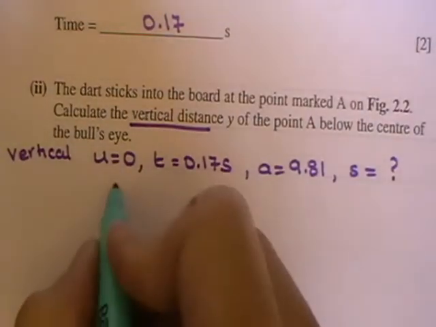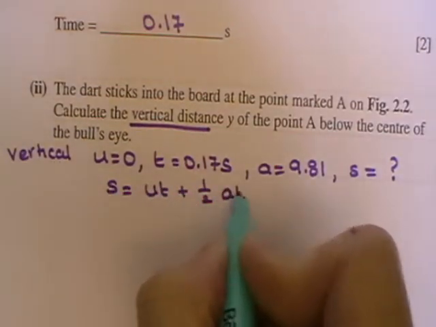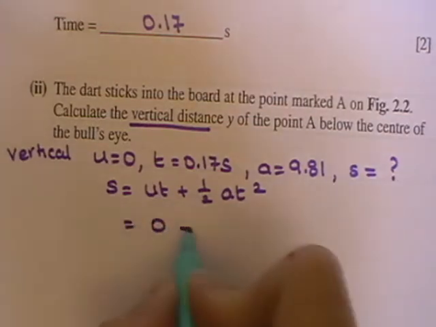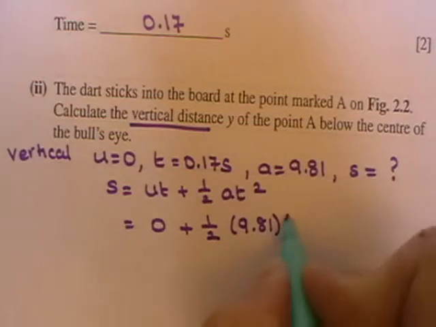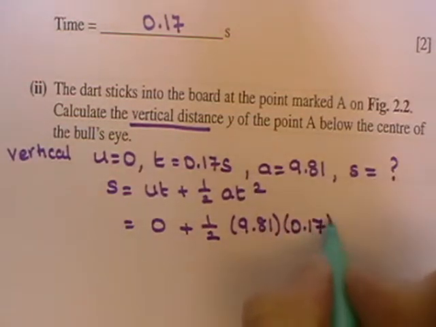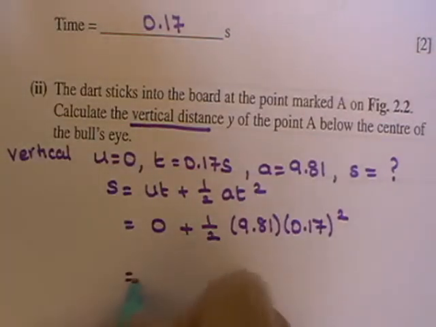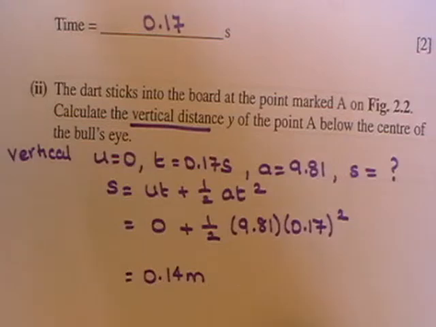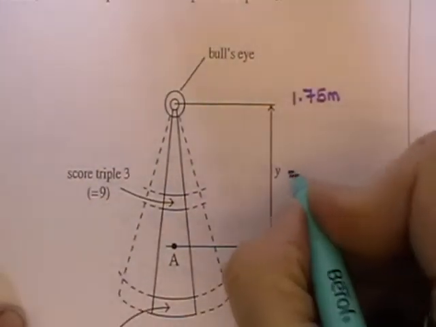And so using s equals ut plus a half at squared, that gives you 0 for the first bit plus a half times 9.81 times t squared, where t is 0.17, squared. And that gives you an answer of 0.14 metres. So the dart falls a vertical distance of 0.14 metres, and that's there.